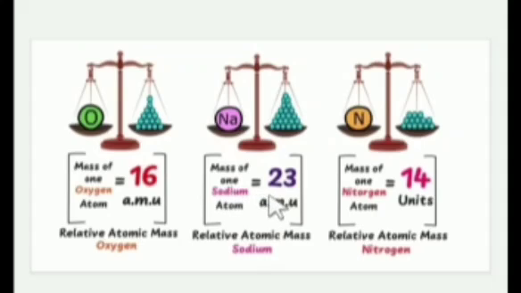The relative atomic mass of sodium is 23 AMU, and the relative atomic mass of nitrogen is 14 units, because all of these are compared with the same units of carbon atoms. That's why they are known as the relative atomic mass.